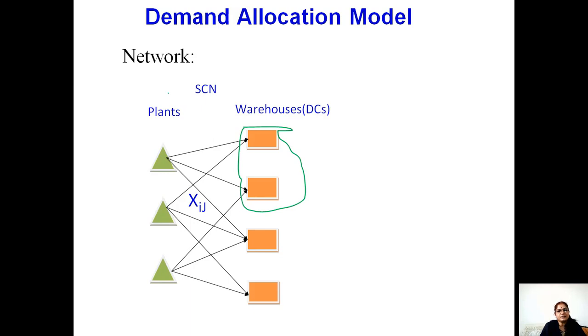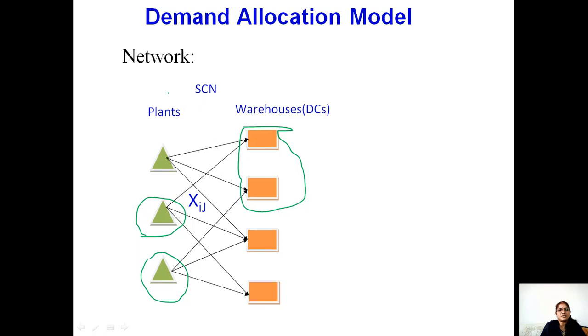Small i is for plant, so small i can take the value 1, 2 or 3. If small i is equal to 2, it's understood I am referring to the second plant. If small i is 3, I am referring to the third plant.